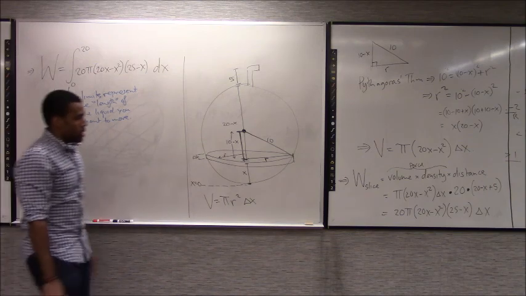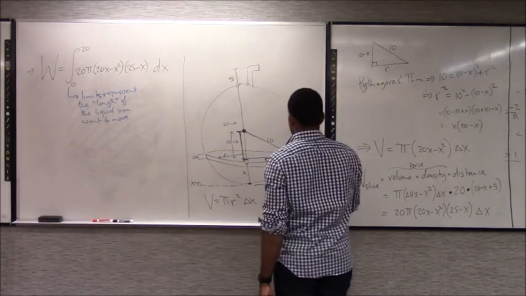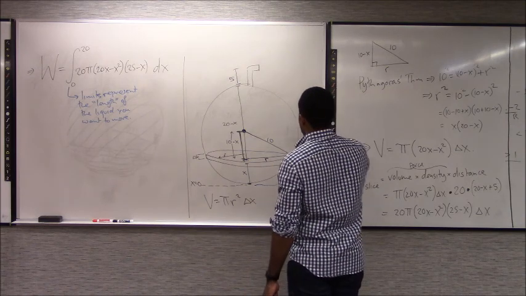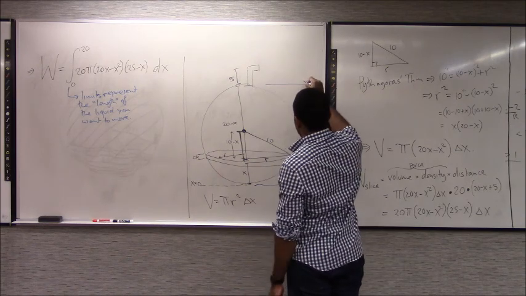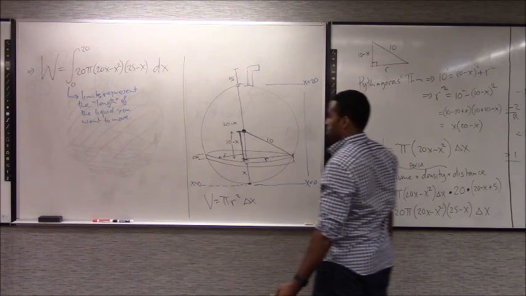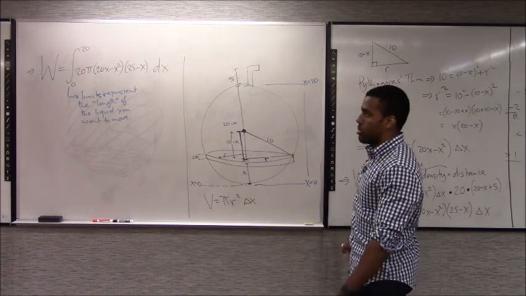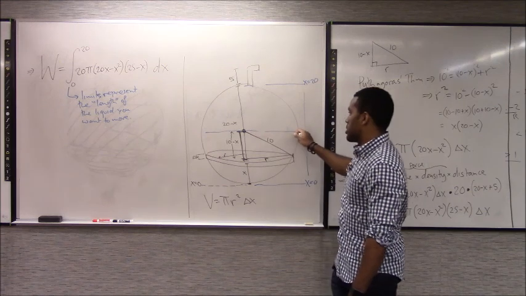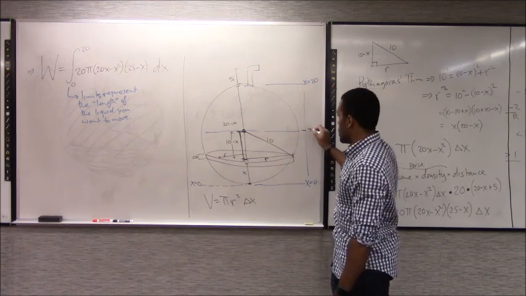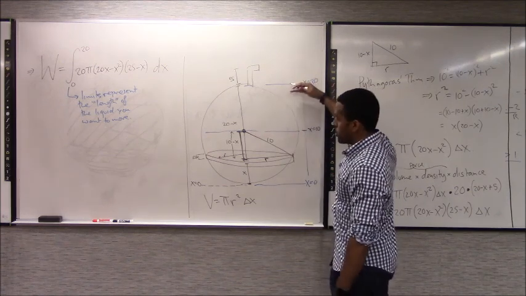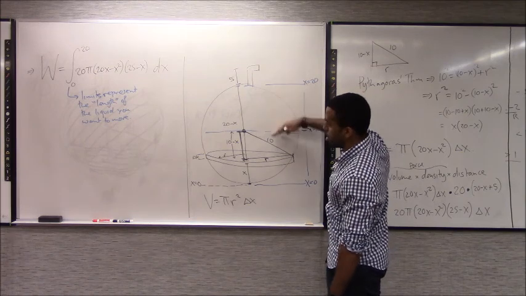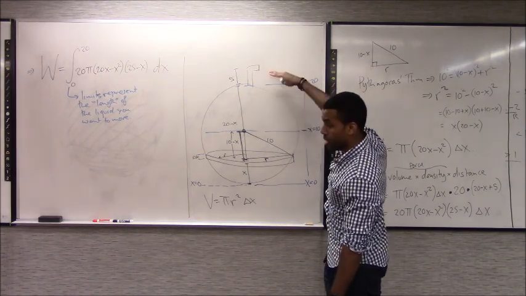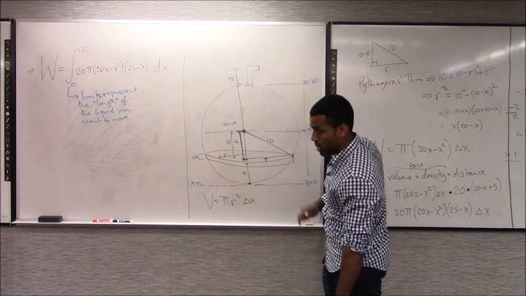So here, I want to move all the liquid from level x equals 0, measured all the way up to level x equals 20. If the problem asks something like, what is the work needed to pump half the liquid out, then I would need from x equals 10 to x equals 20. So I'm looking at a length that will cover geometrically the part of the tank that I want to empty.